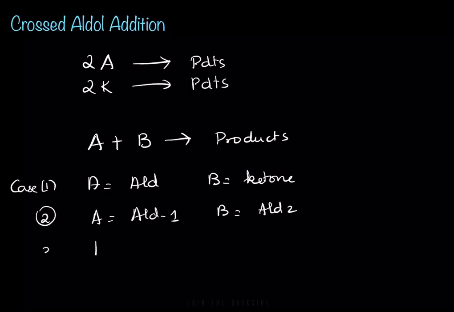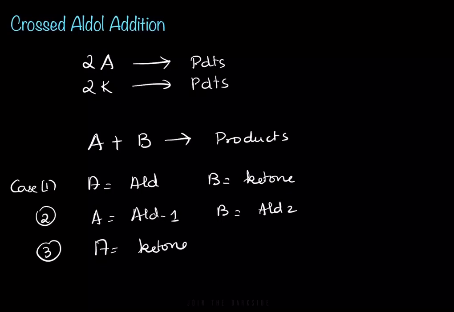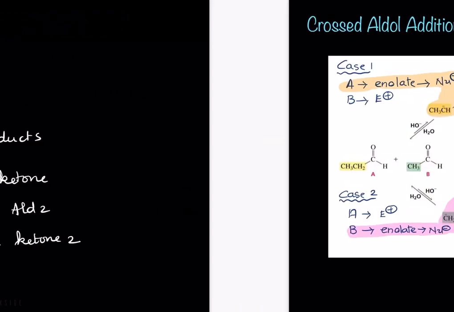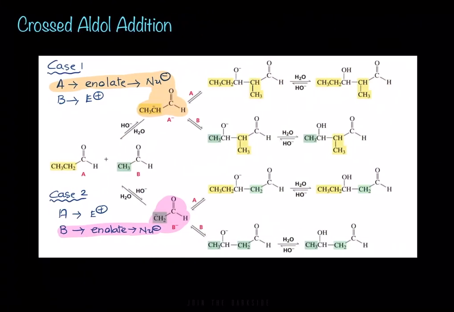Or in case 3, A could be a ketone and B could be a second ketone. Okay, so in all of these, in this particular reaction, we'll be using two different carbonyl compounds. Okay, so here is an example.